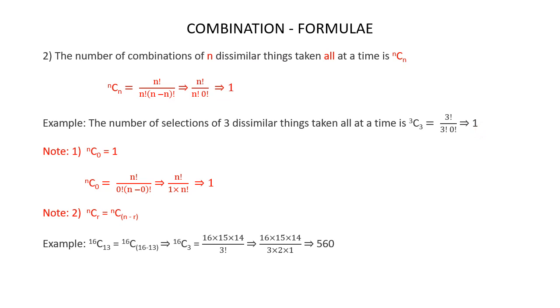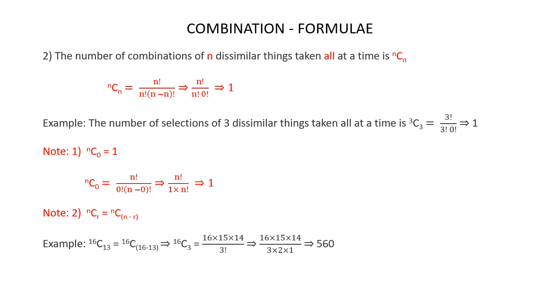Also note that NC0 is also equal to 1. Here R is 0. Now according to the formula, NC0 is equal to n factorial divided by 0 factorial multiplied by n minus 0 factorial. N minus 0 factorial is nothing but n factorial.